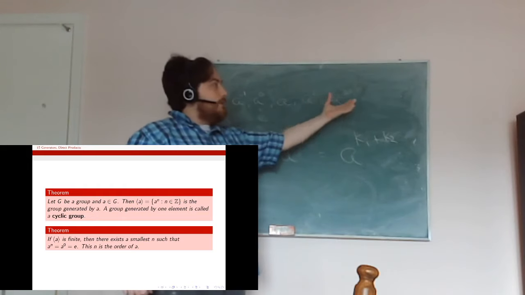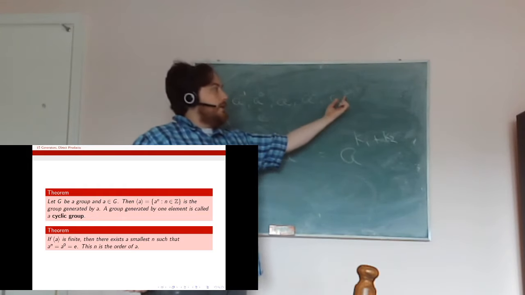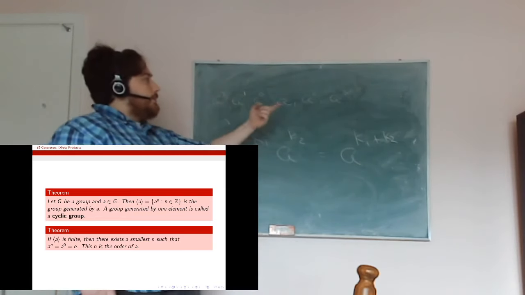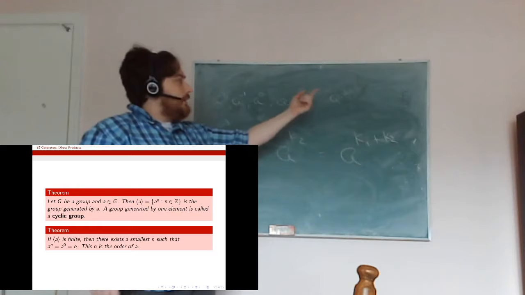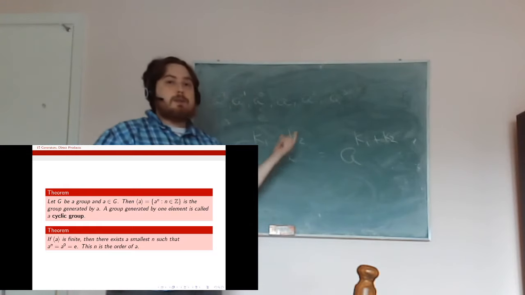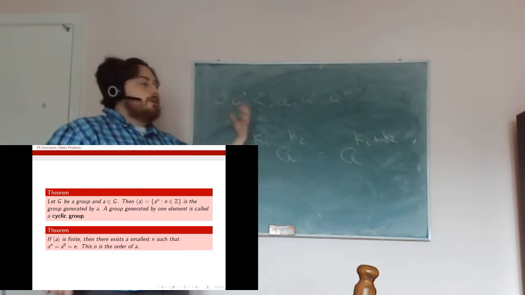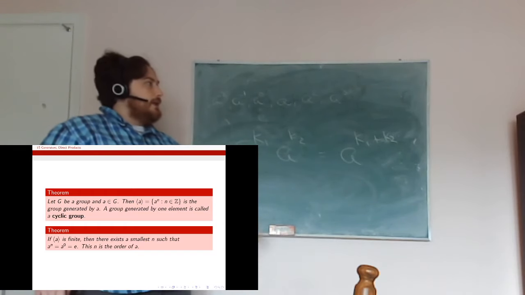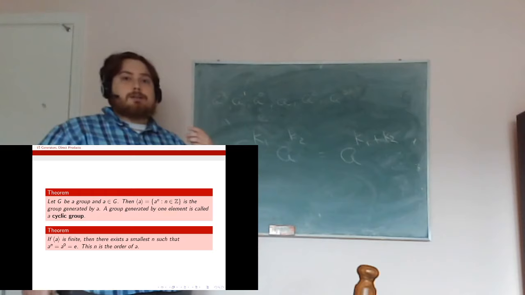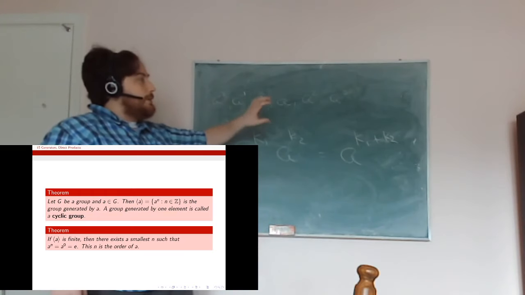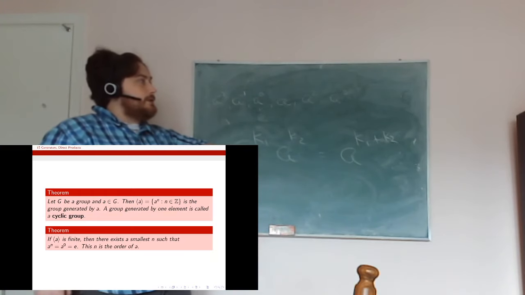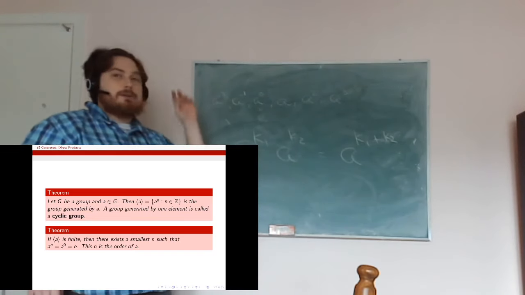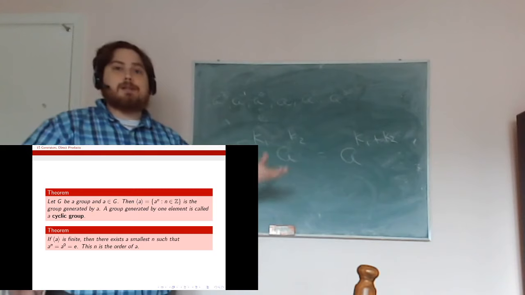So if I say a cubed, I say 3, and then I say negative 1. 3 plus negative 1 is 2. Well, a cubed times a to the negative 1 is a squared. And so a cyclic group with infinitely many elements is going to look just like the integers. It'll look a little bit different, but it's going to behave just like the integers, where if I take a to the 5th times a to the 7th, I just add 5 plus 7, and get a to the 12th.